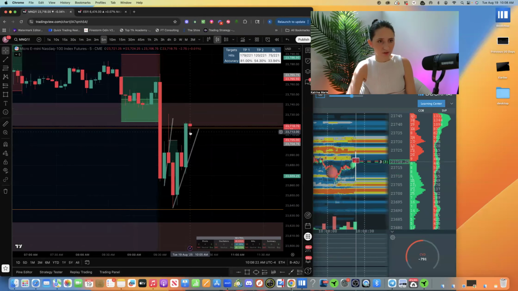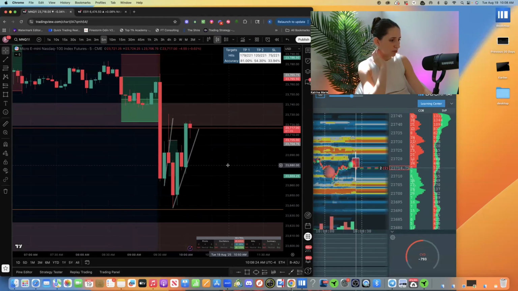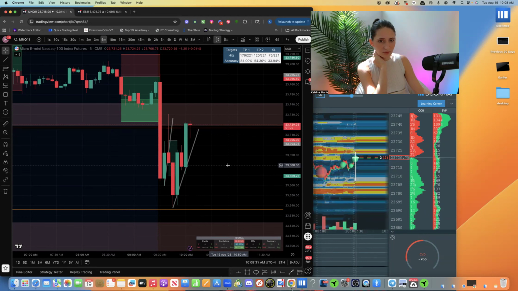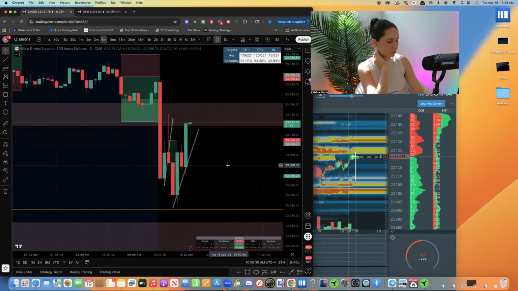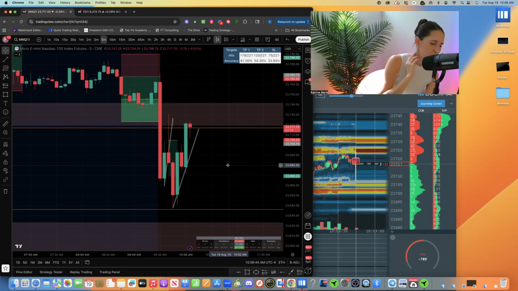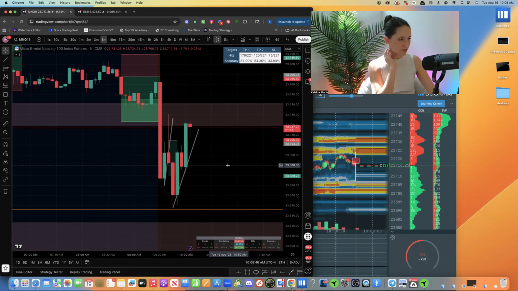Yeah, this candle wants to stay around that pivot point. I prefer Ninja Trader. I like Ninja Trader a lot.